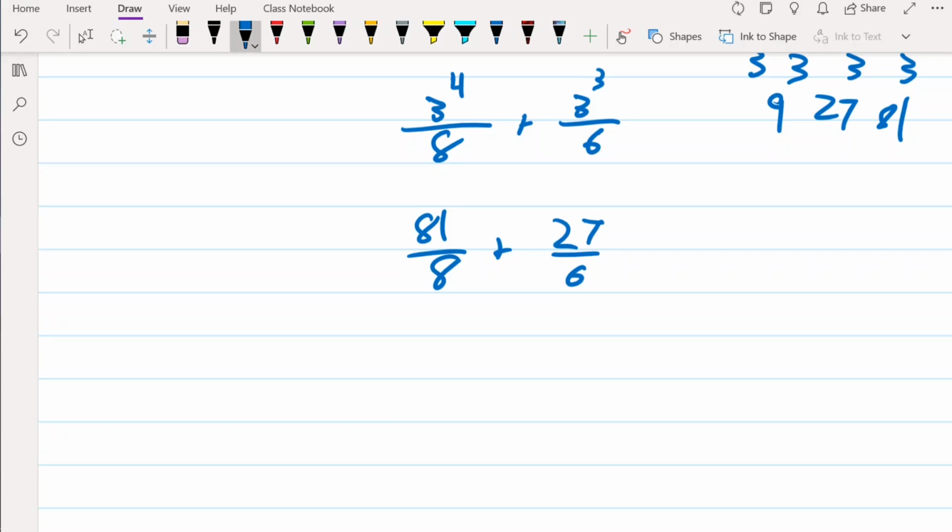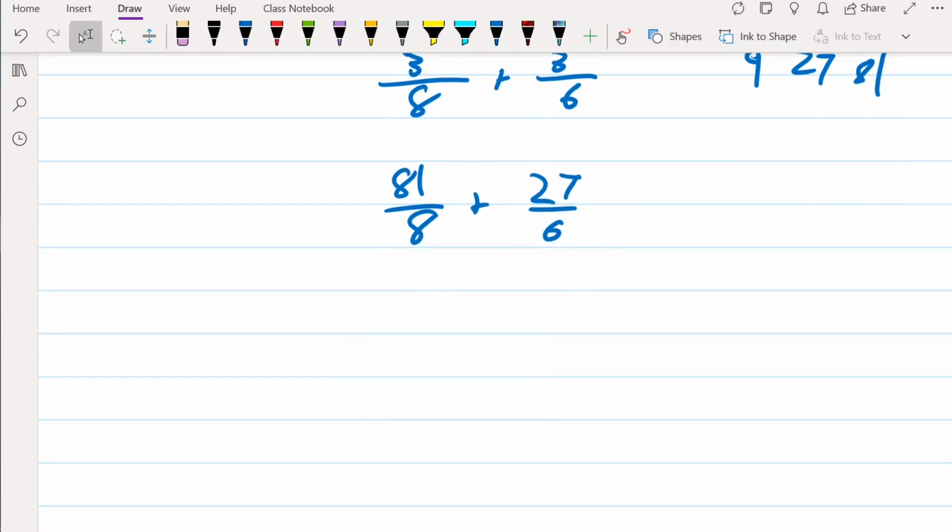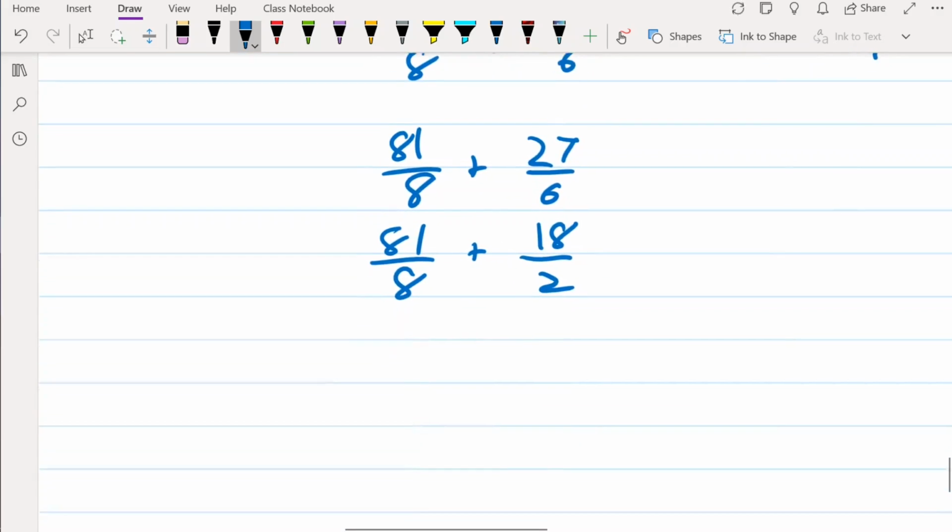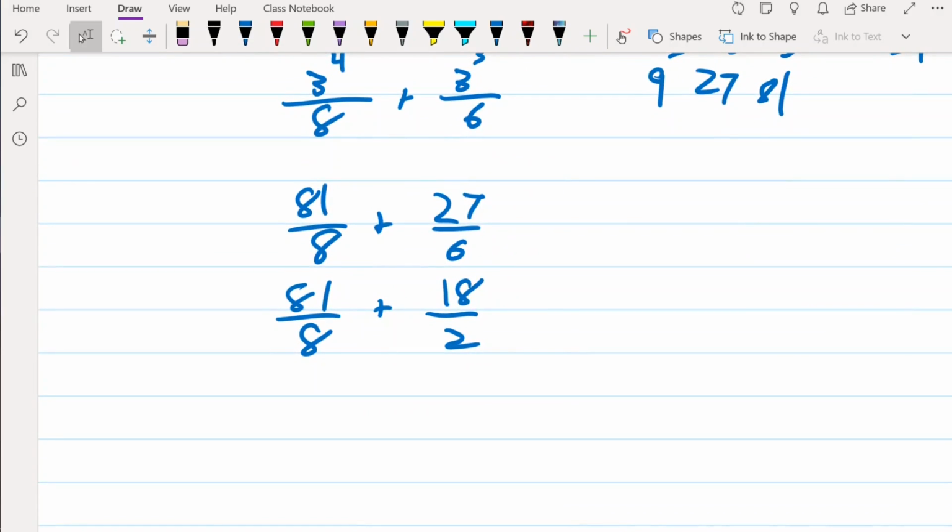Okay. Then I can simplify this a little bit, so it'll be 81 over 8 plus, because I can divide by 3 on each side, 9 over 2. Yeah, 27 divided by 3 is 9.